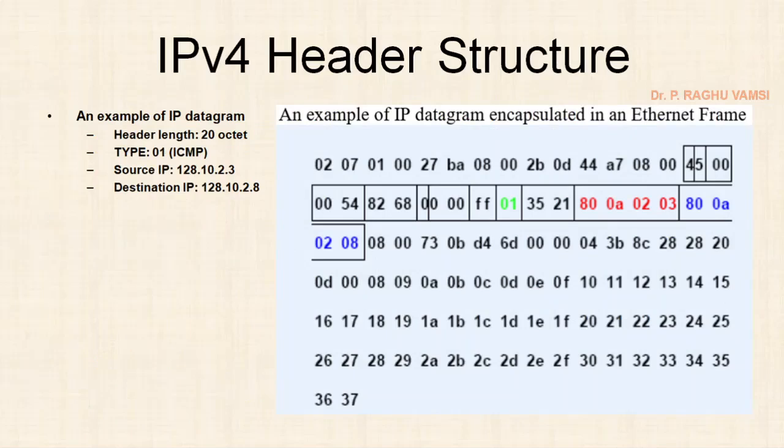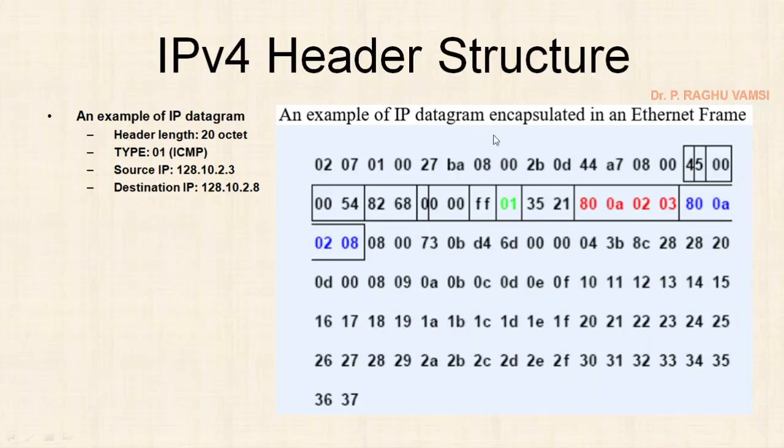Let us see an example of an IP datagram, just like how we saw the example of the packet structure of ARP. Here the header length is 20 octets. The type is ICMP, because the packet should mention what type of data it is carrying, whether ICMP, TCP, UDP, or any other upper layer information.